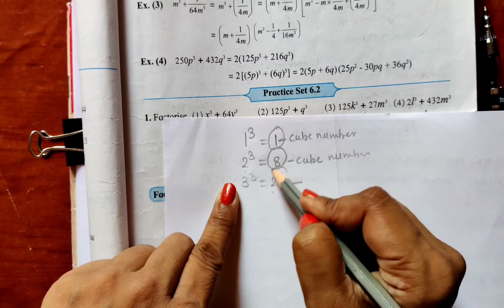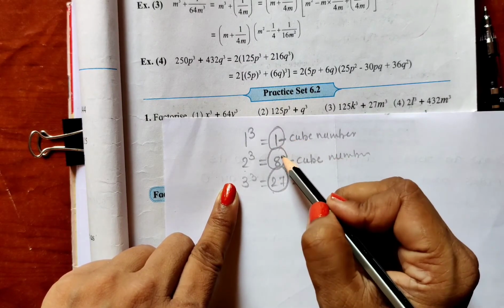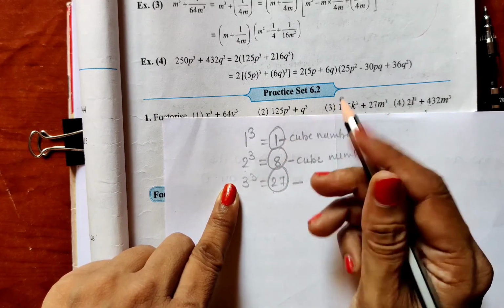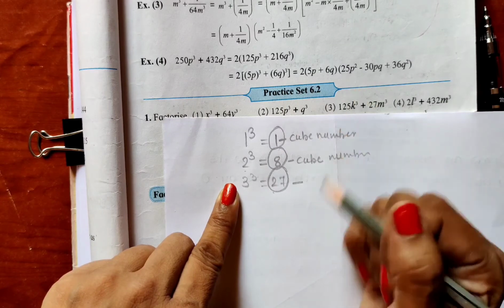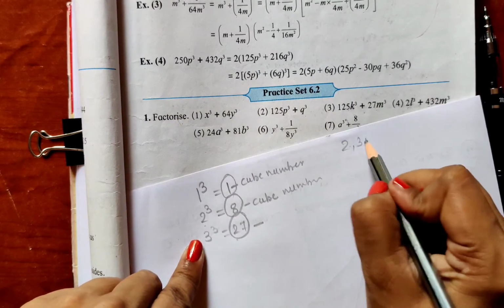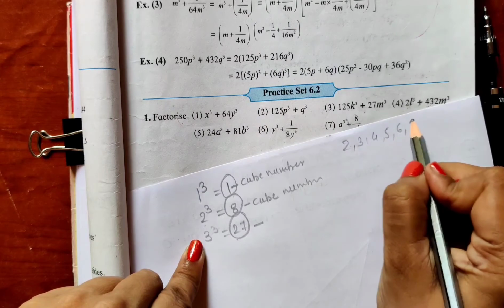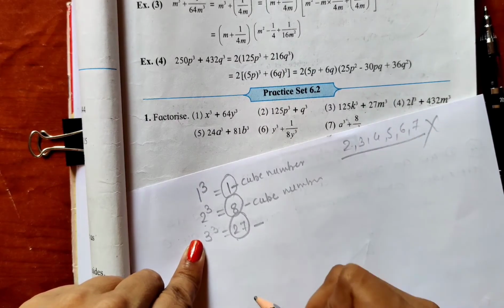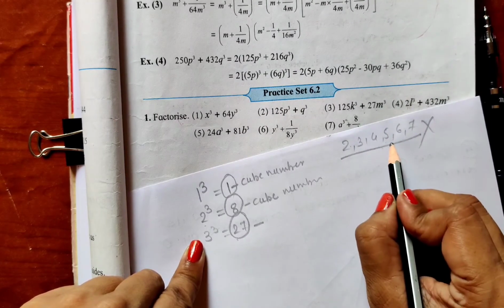All these are perfect cubes. So in between 1 and 8 there are various numbers: 2, 3, 4, 5, 6, 7. These numbers are not cube numbers. They cannot be converted into the cube of any number.